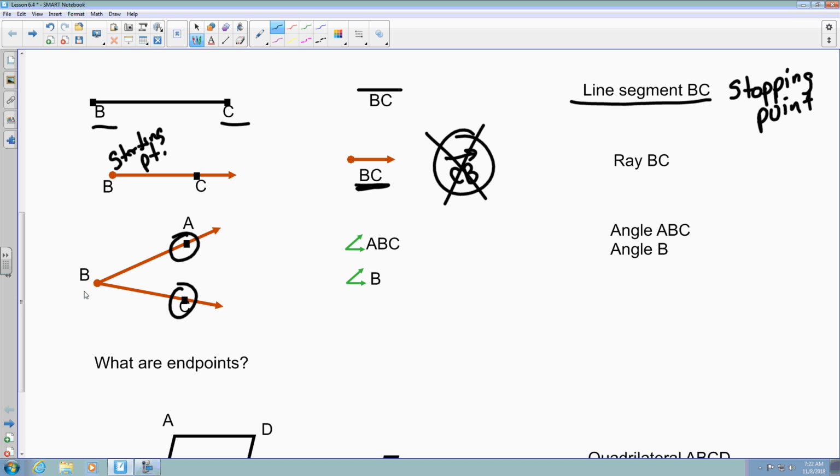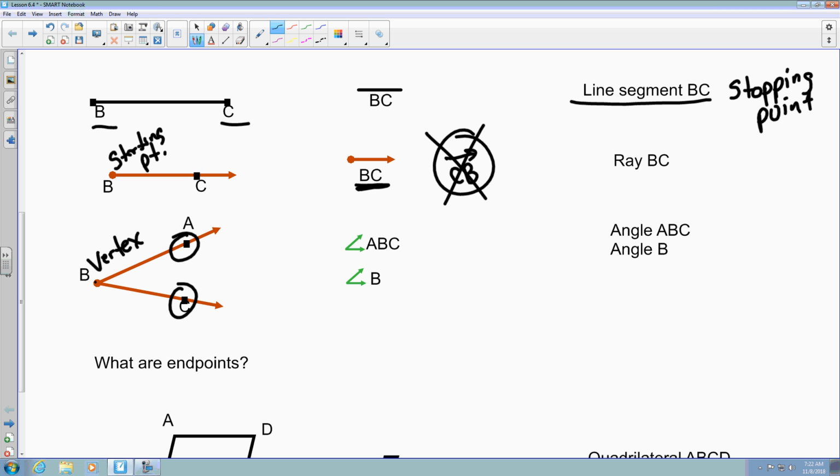B is called the vertex. The vertex is a specific point where 2 rays are connected at a single starting point.